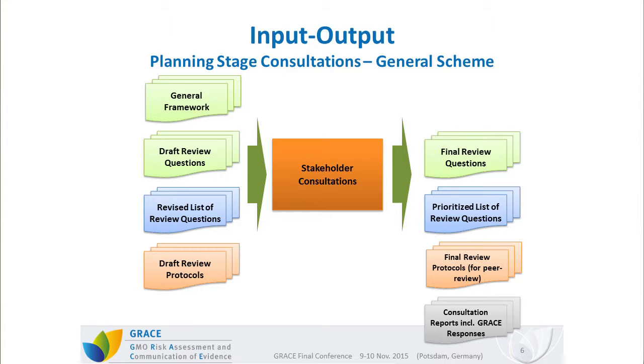We started with draft documents that were available before the consultation, starting with the general framework, moving into draft review questions, a revised list of review questions, and eventually the draft review protocols. So there were several stages in the consultation process, and then revising them, coming to final review questions, a prioritized list of review questions, and so on.